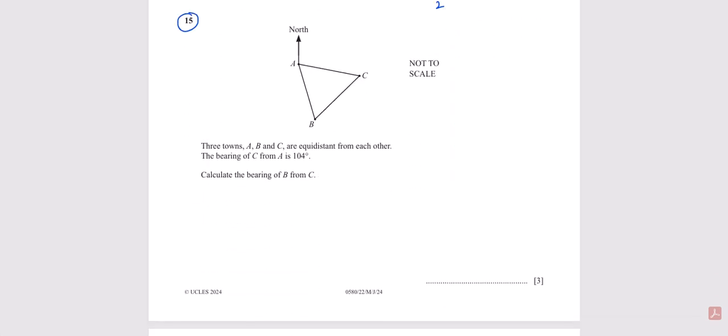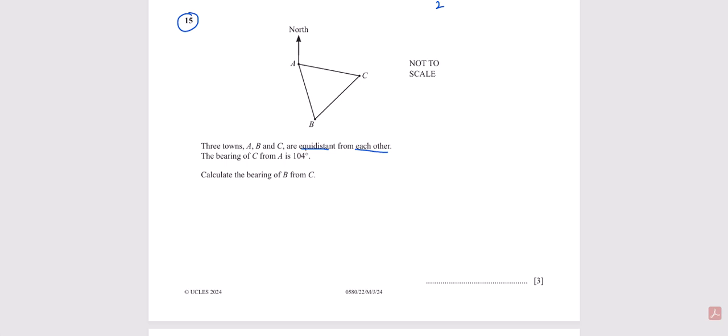Question number 14. Three towns A, B and C are equidistant from each other. The bearing of C from A is 104 degrees.